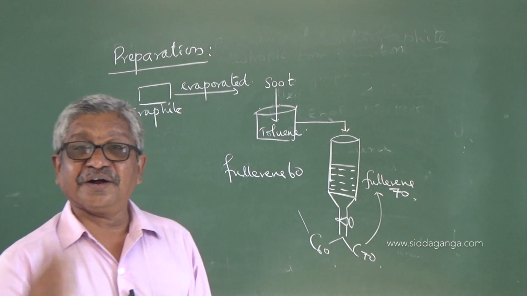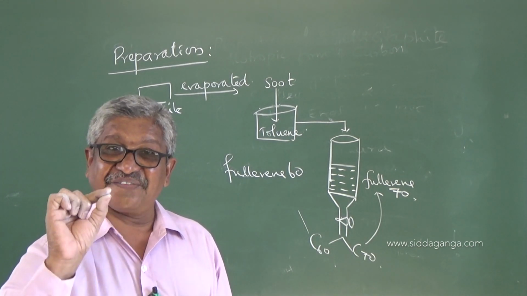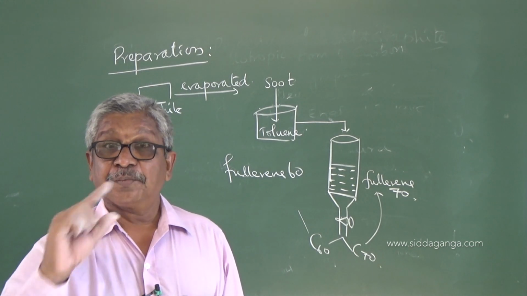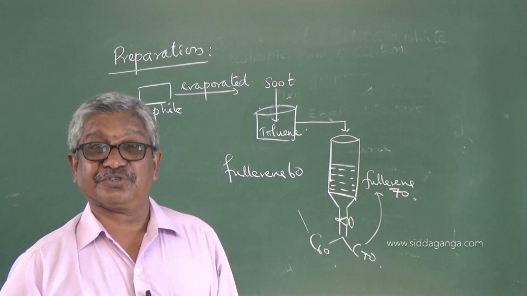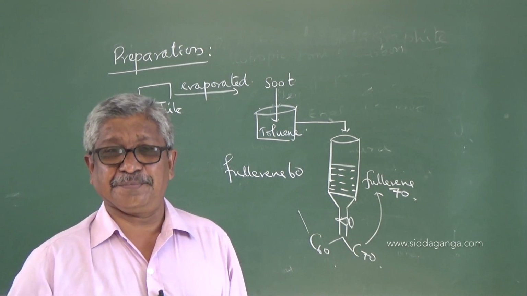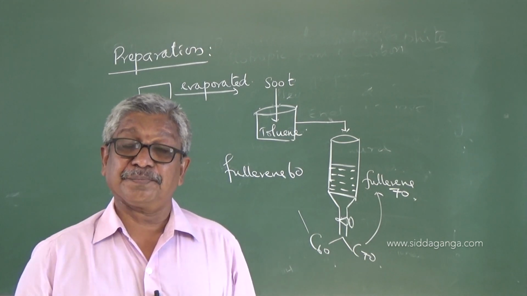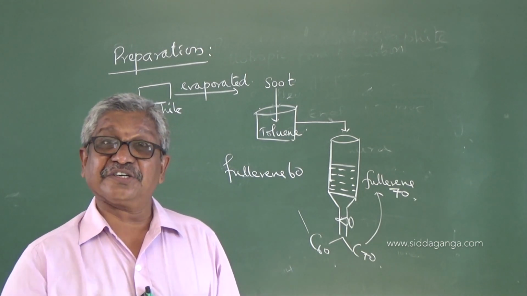How is it prepared? By evaporating the graphite, it produces soot, the sooty smoke. That soot is dissolved in toluene.